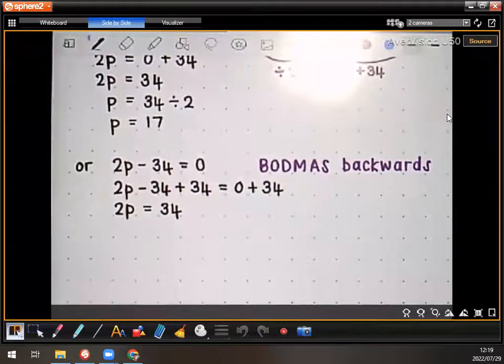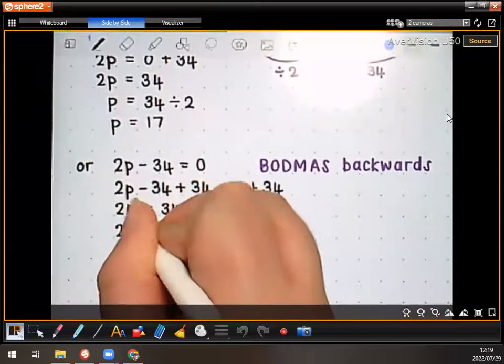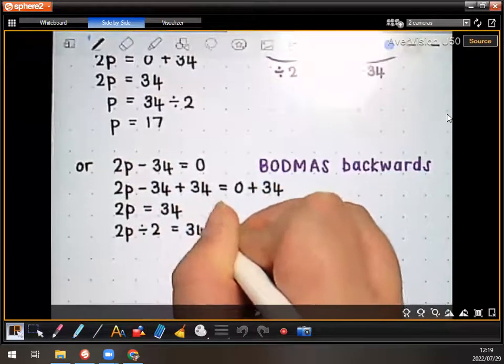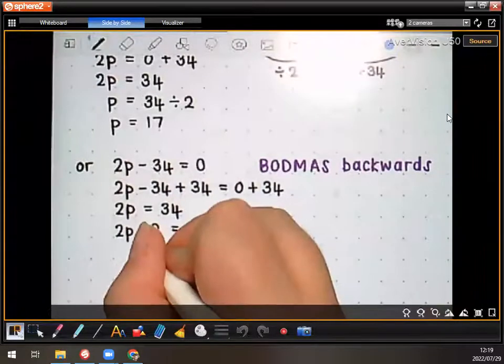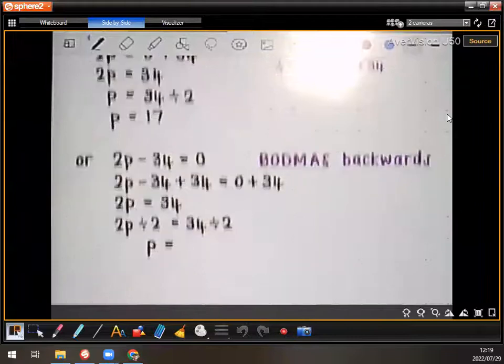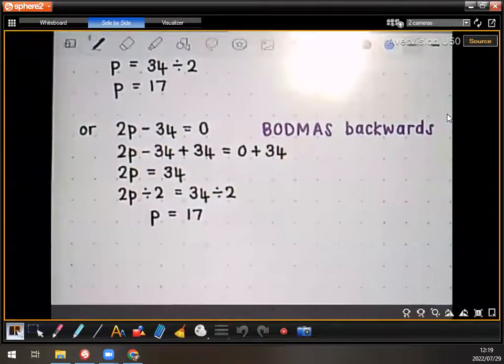Again, it's the opposite of times by 2. So we're going to say 2p divided by 2 is equal to 34 divided by 2. You have to do the same thing on both sides. So this is p, right? 2p divided by 2 is p. And what's 34 divided by 2? 17.